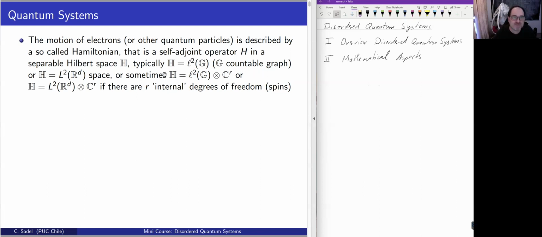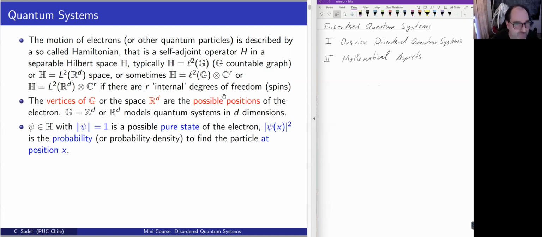And sometimes we take tensor products of these spaces with some finite dimensional vector space C^r, if we have what's called internal degrees of freedom, or in physics also sometimes called spins. The vertices of the graph G for discrete models, or the space R^d in the continuous models, are the possible positions for the electron or the quantum particle, right? And if we have Z^d or R^d, then we have a quantum system in d dimensions.